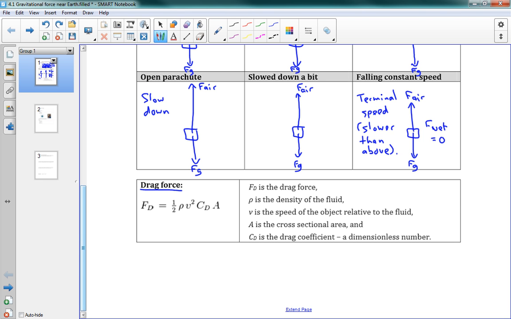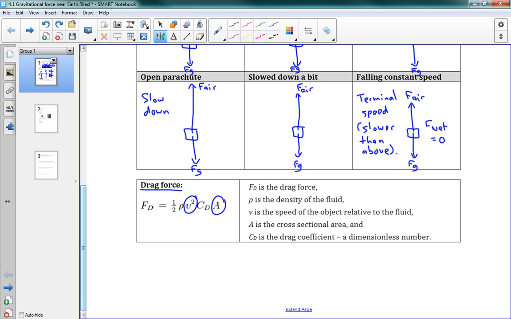The equation is F_d equals 1/2 times rho, which is density, times v squared. V is our speed. So you can see that as v gets larger, the drag force will get larger. And then times C_d, the drag coefficient, times A, our cross-sectional area. So you can see how those two factors are important in determining drag force.